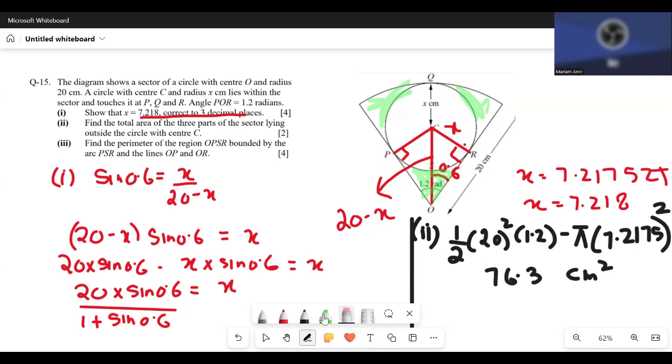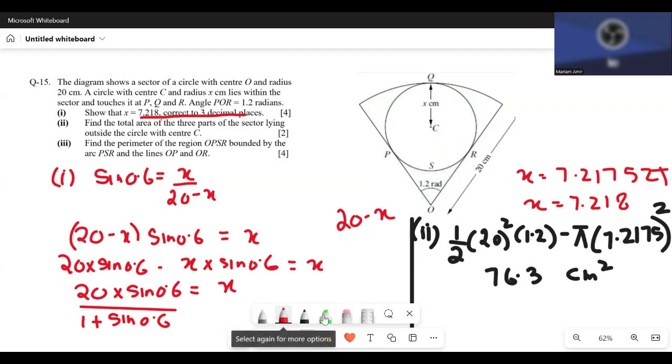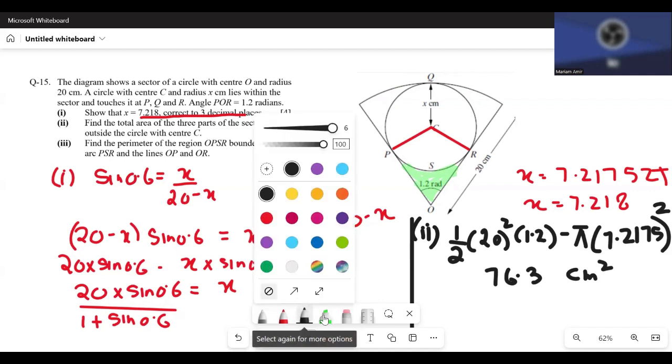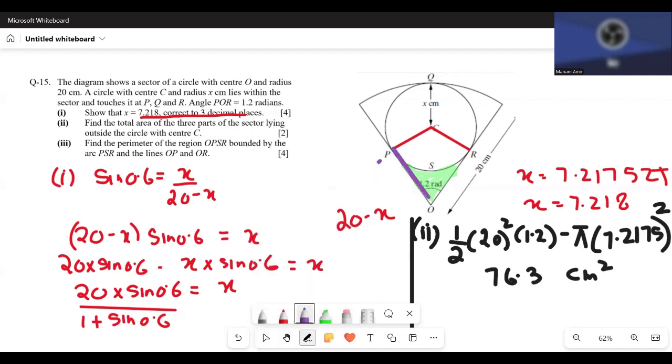Okay, so we need the perimeter of this shape now, which is this side, PO, plus this side, plus this length of arc. And you're going to consider this sector to find that length of arc.